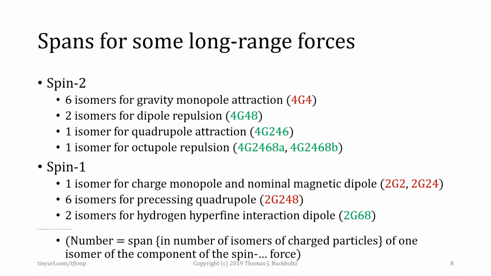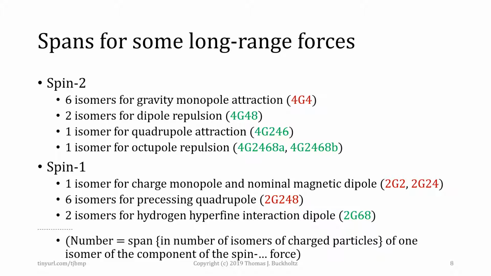We assume that one isomer of gravity spans, or interacts with, 6 isomers of charged particles. From there, our math-based modeling suggests that the component of dark energy forces that now dominates for large-scale effects has a span of 2 isomers of charged particles. This means that this force component has 3 isomers, each of which, in effect, connects 2 isomers of charged particles.